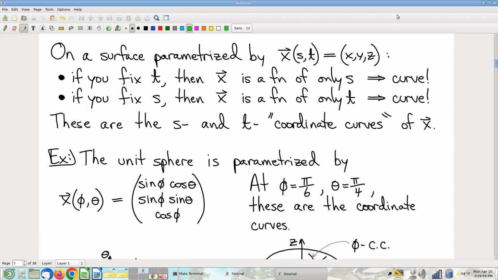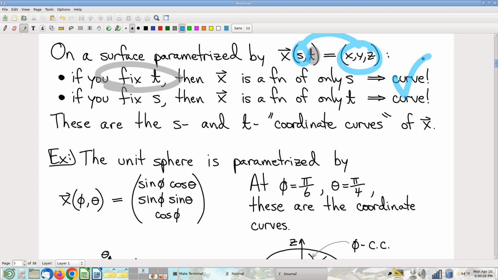All right, so here's where we were last time. We were talking about parameterizations of surfaces, and I made the observation that if you have a surface parameterization, but then fix one of the variables, let's say we fix t, then it's not really a variable anymore, is it? It's a constant. And so what you really have at that point is position as a function of really only one actual variable.